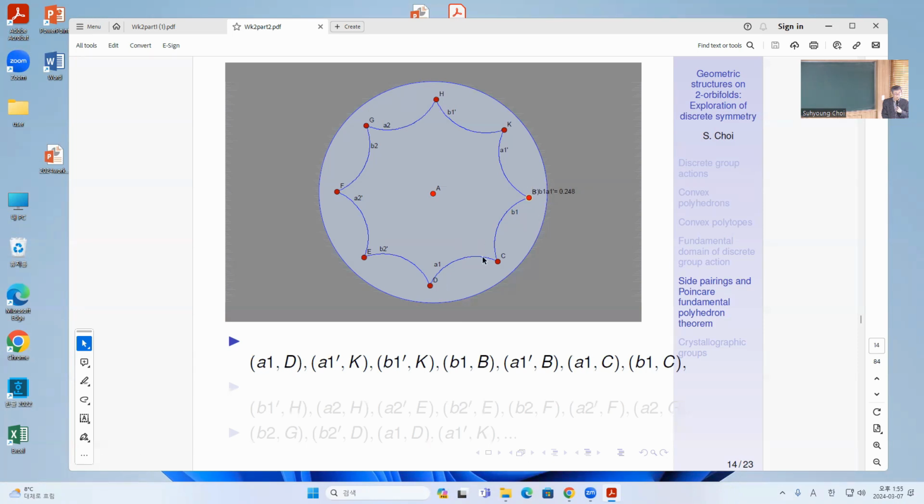This is how you glue this, and then the A1 prime goes to A1 prime, but the D now corresponds to K, right?